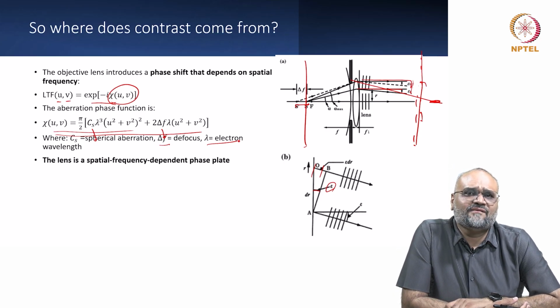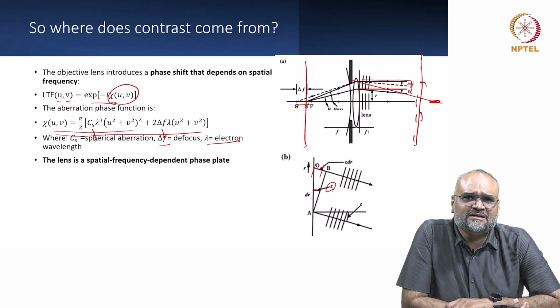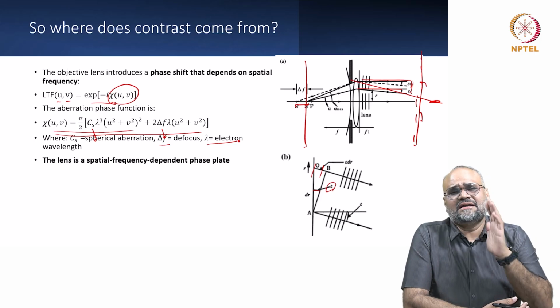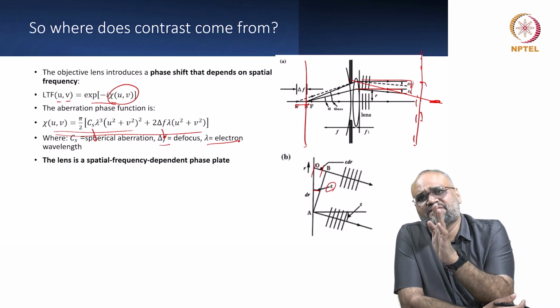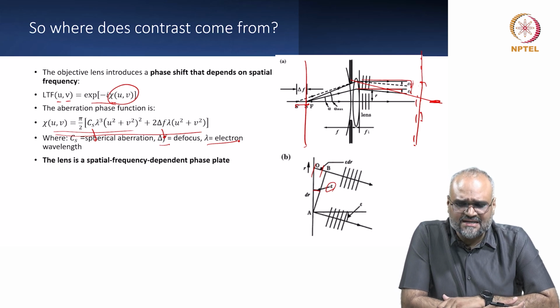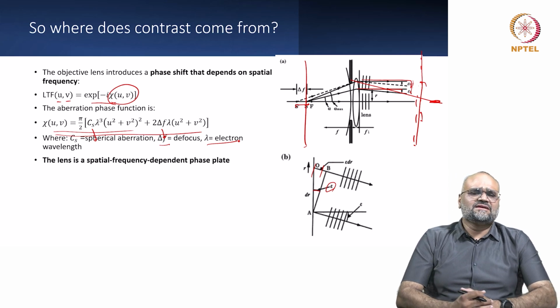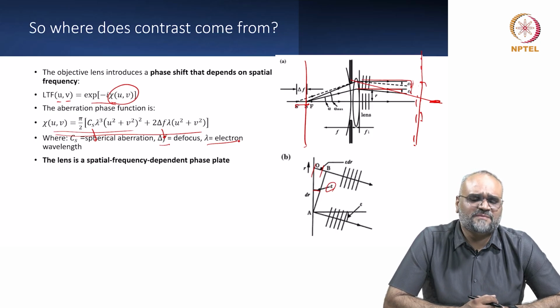So you already have the component of the electrostatic potential of the specimen inherently inducing a small phase shift, and in addition to that, you also have the phase shift introduced due to the aberrations of the lens, and collectively all these things together result in some kind of contrast in high resolution imaging.